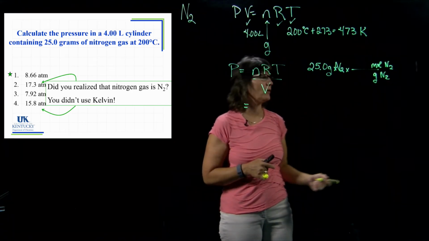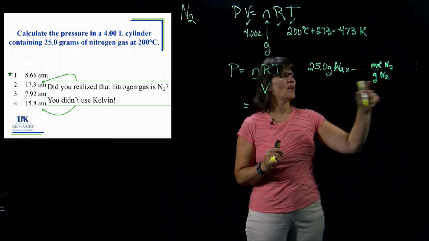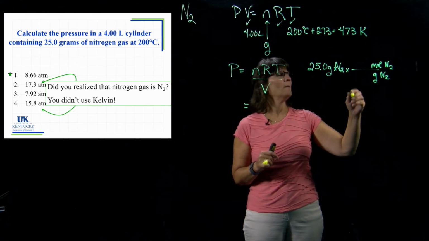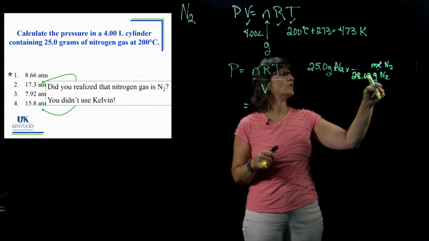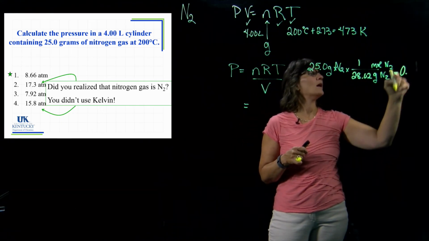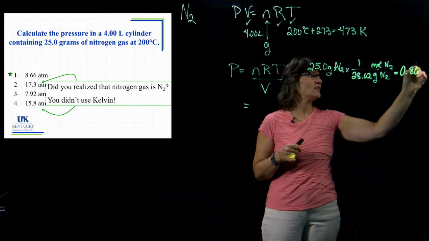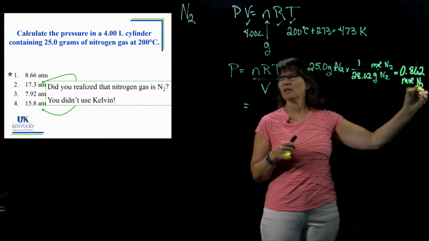Okay, so I go to my periodic table, and I remember that it's 2 nitrogens, so each nitrogen is 14.01, so that's 28.02, and that goes with the grams per mole. This is going to give me 0.862 moles of N2.